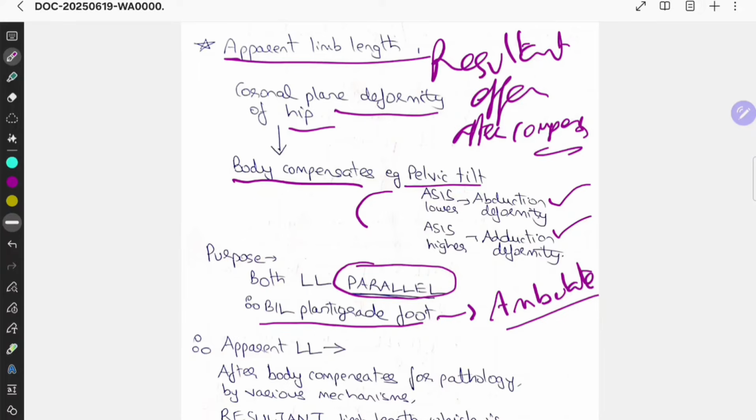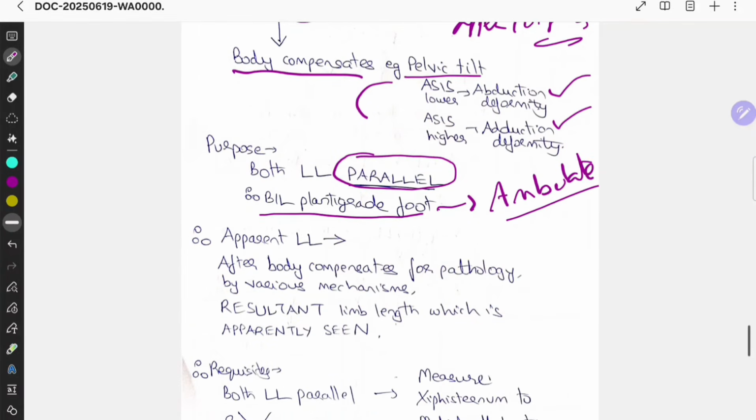So what is apparent limb length? It is after the body compensates for pathology by various mechanisms, by pelvic tilt, anterior superior iliac spine going upwards or downwards, and the resultant effect after the compensation, which is apparently seen, as the name suggests, in the patient when he is presenting.